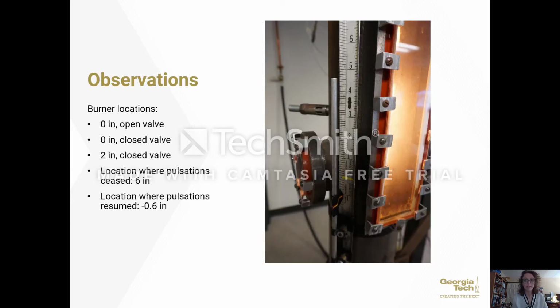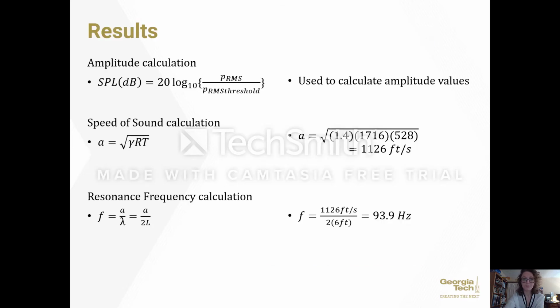Data was measured with the burner at 0 inches with the valve closed, at 0 inches with the valve open, at 2 inches with the valve closed, and was slowly raised until it ceased pulsating at 6 inches. Then the burner was brought back down until it resumed pulsating, which it did not do until it reached -6 inches. The tube was pulsating and the flame was turbulent at 0 inches and 2 inches with the valve closed, but made no audible noise with the valve open or at 6 inches.